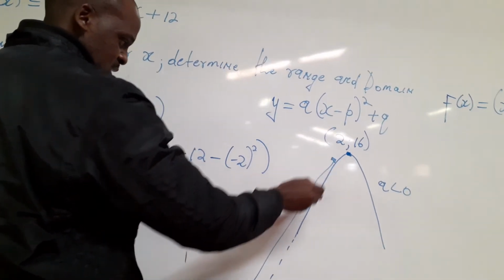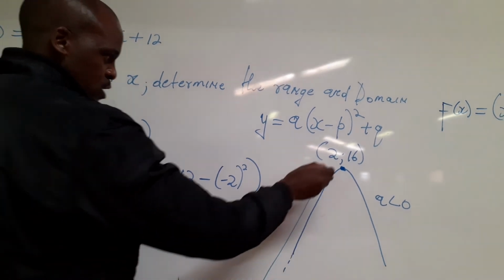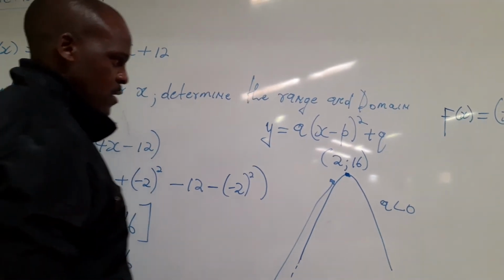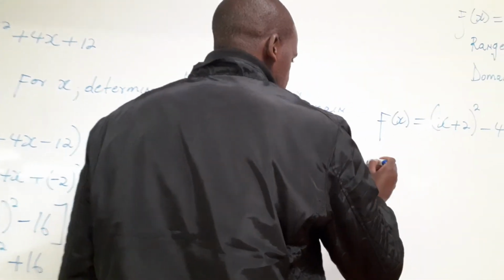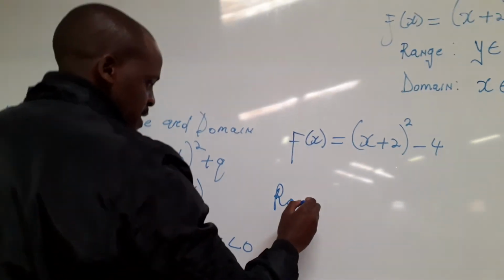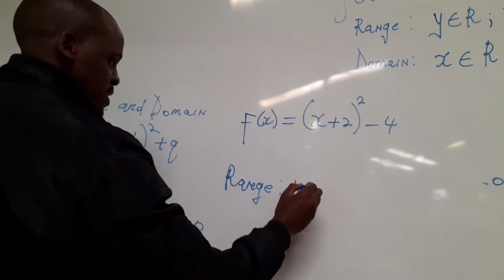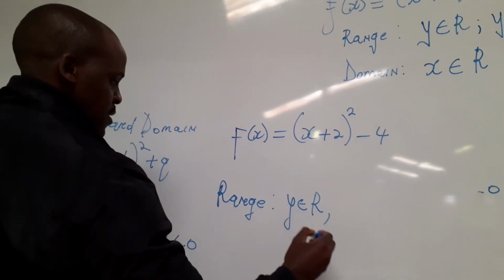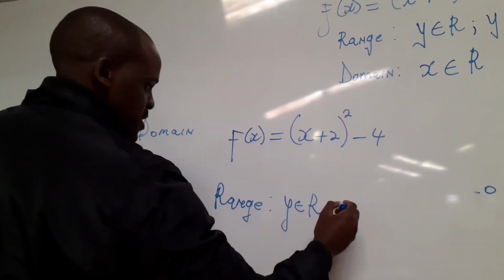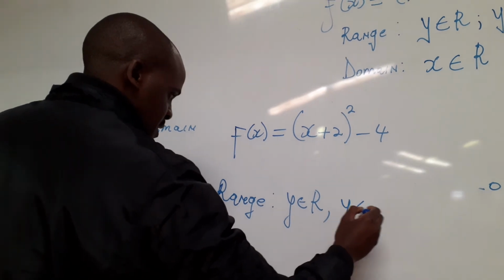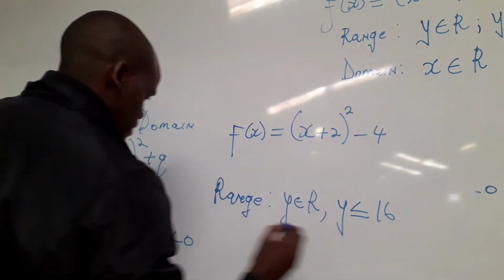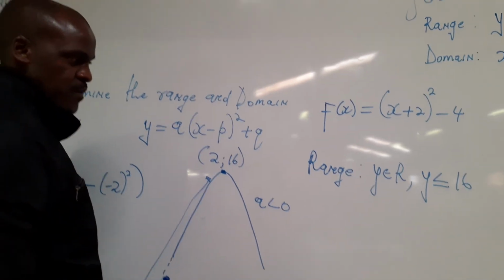When we say less, it is this side. Equal to 16 is there. Therefore, we can write our range as y is an element of real numbers, but those real numbers must be less than or equal to this value, which is 16.